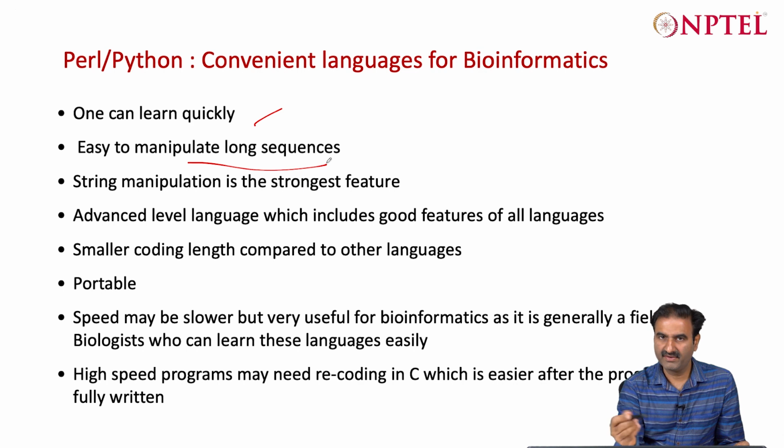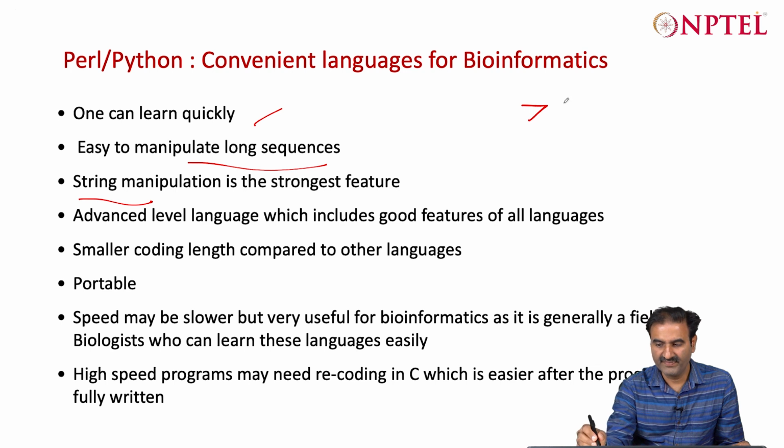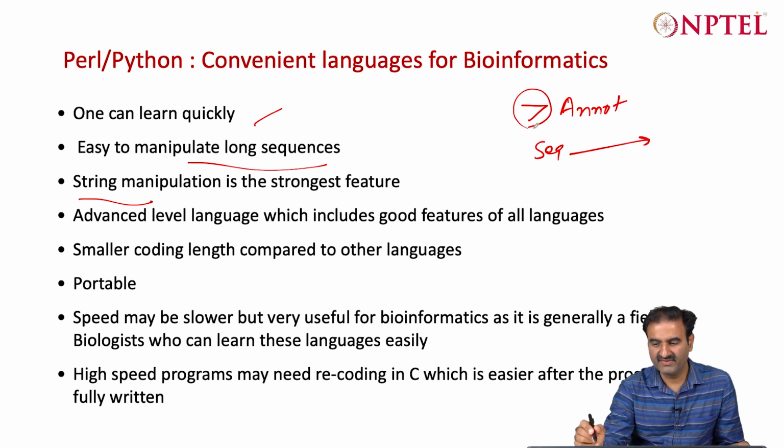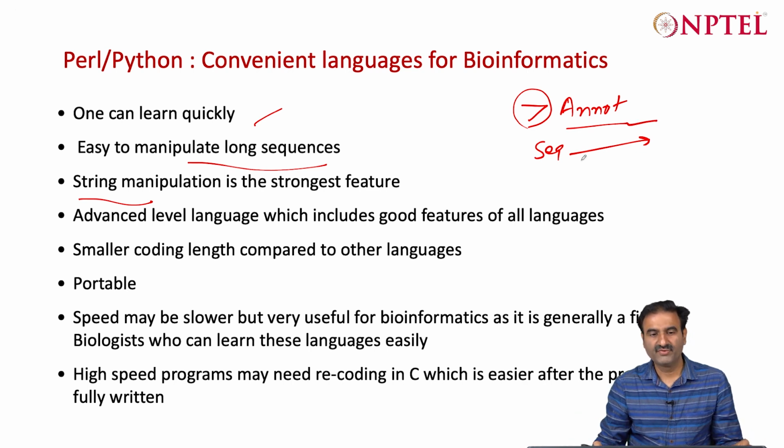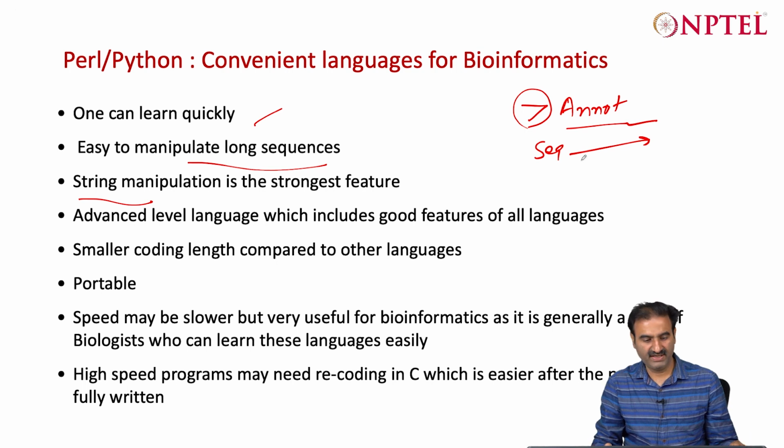You can manipulate a lot of data, long sequences, and basically strings. Like in a FASTA format file, there is a greater than symbol, then annotation, and then the sequence. So basically this is one regular expression. There could be some strings or regular expressions on sequences also. These things you can manipulate very easily in Python.